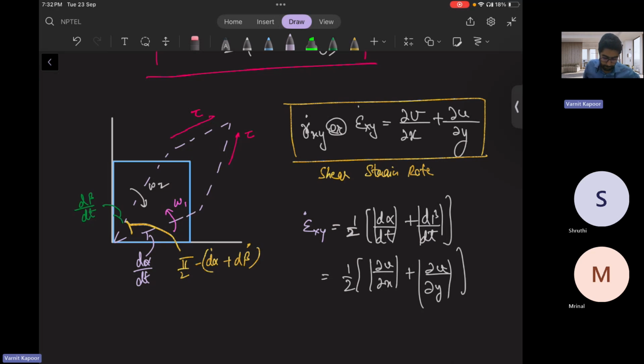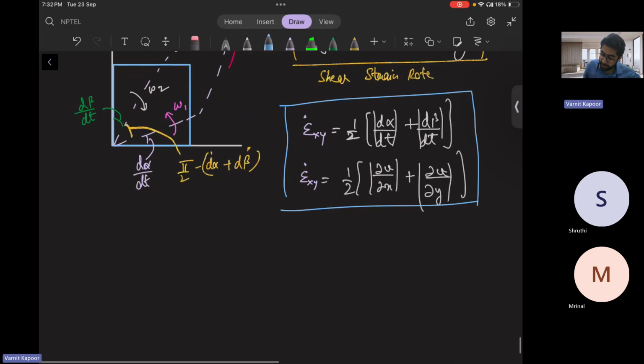That is your epsilon xy dot, and that is called the shear strain rate tensor. So when tensor has been asked, it will be half of the shear strain.